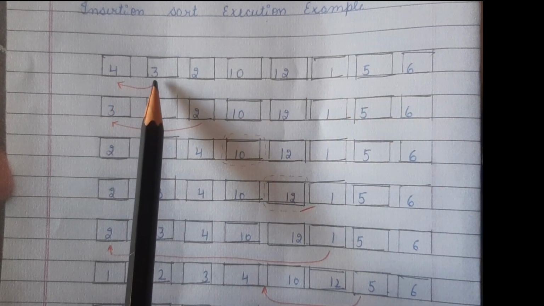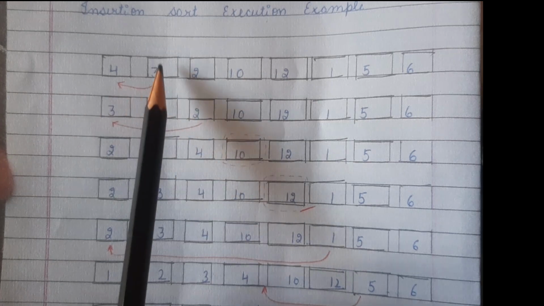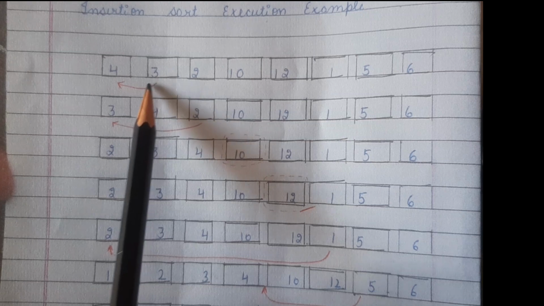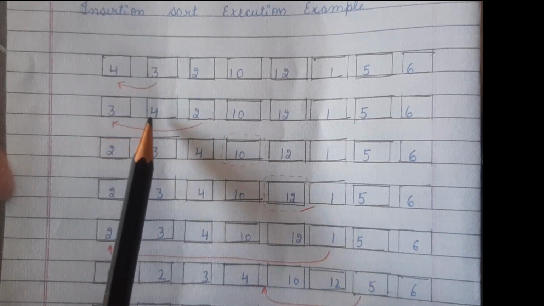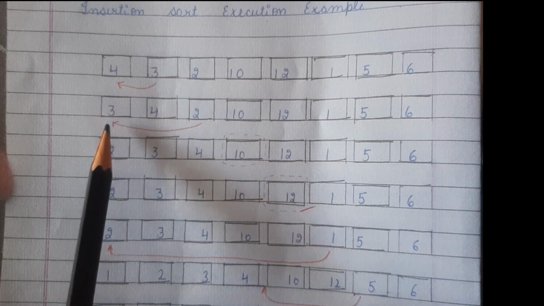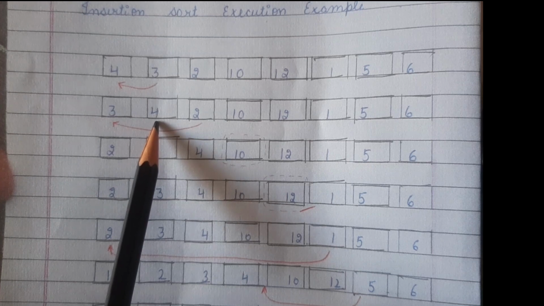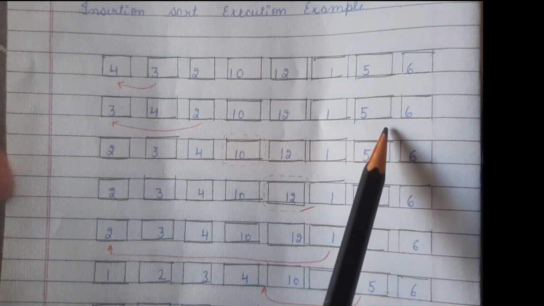So first we compare 3 with 4 because at the starting time the first two elements are compared. Now 3 is swapped with 4. So 3 and 4 are swapped. So 3 comes to the leftmost position. After that 4 here, then the rest of the elements as such.